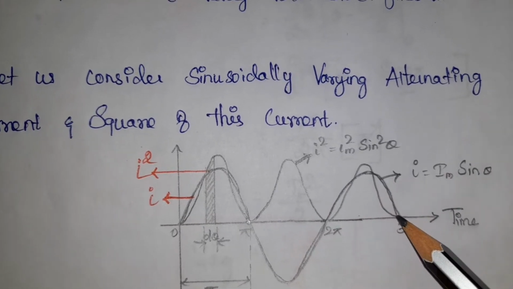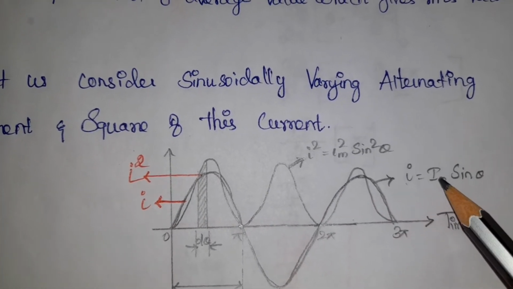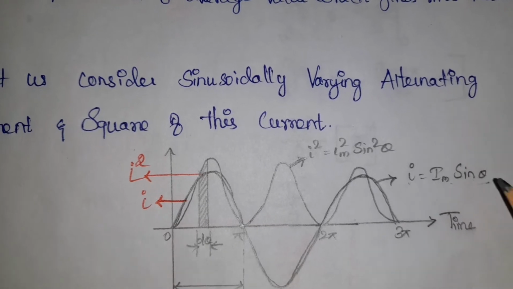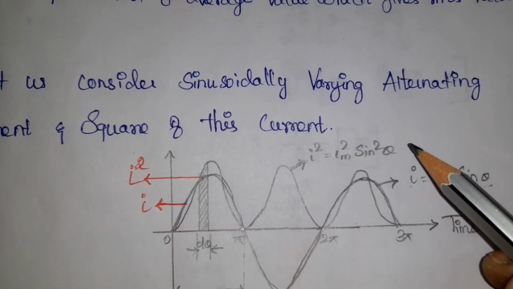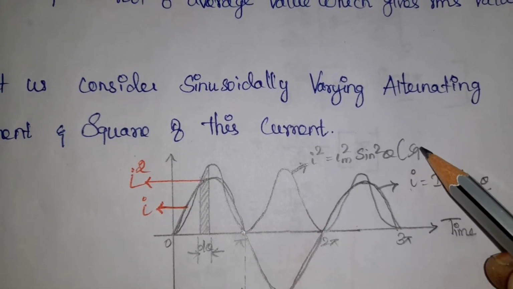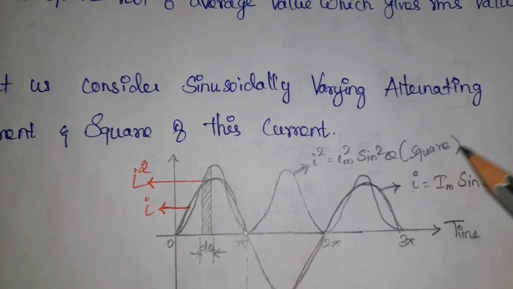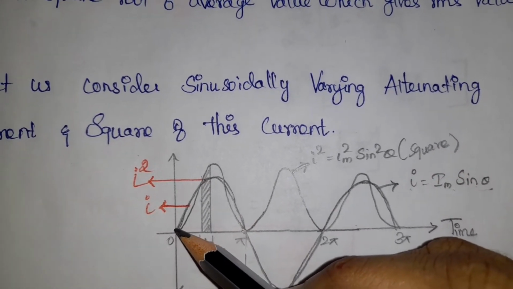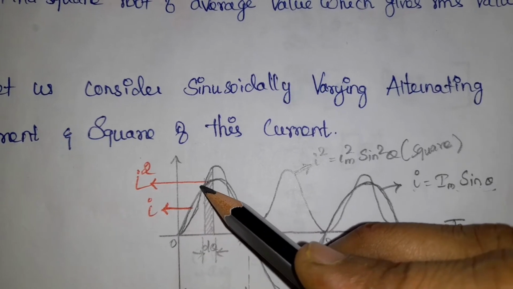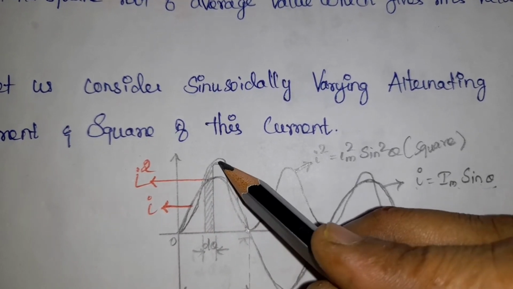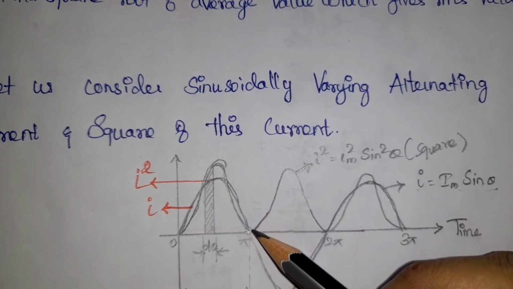Now I have to draw this waveform again. You already know what a sine waveform is. The squared value means the positive cycle is repeated again. So for the second cycle I draw it like this. This is the squared value of current.